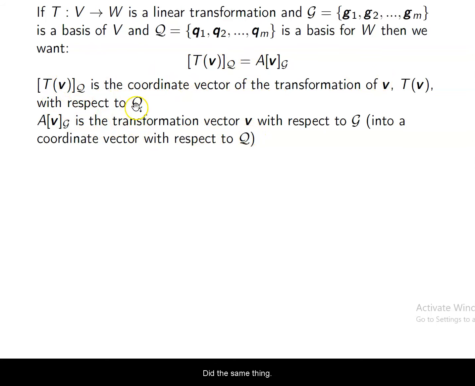They're the same thing. The coordinate vector of the transformation of V with respect to Q is the same as the transformation vector of V with respect to G. They're the same thing.